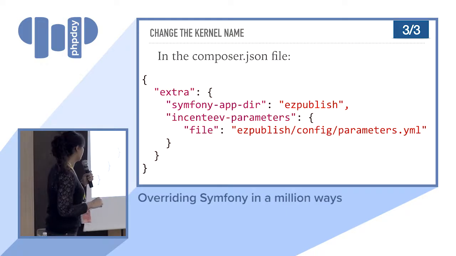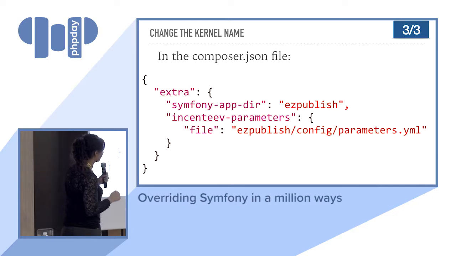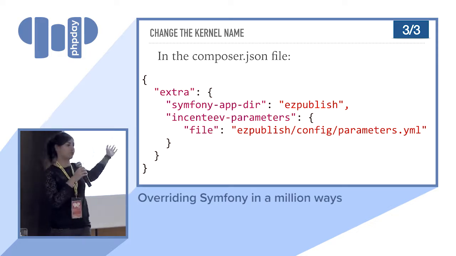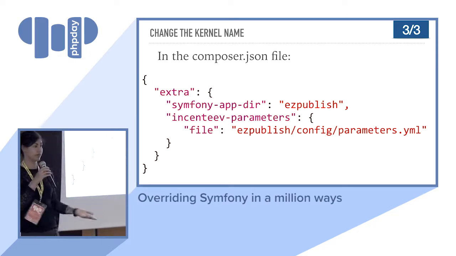The second thing you have to do is to make sure that you change here in your composer.json file, first this parameter, which is symfony-app-dir. Before it was app, now it's whatever you want.